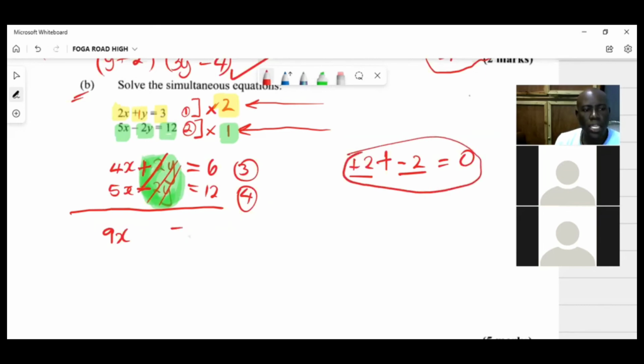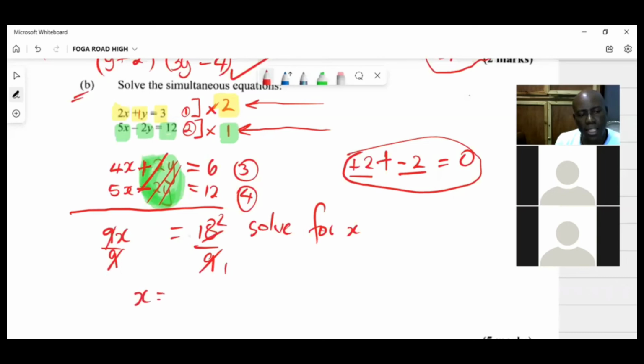Equal to 18. Now we're going to be solving for x. We need to divide by 9. 9 into itself is 1, 9 into 18 is 2, so x equals 2. We are at half of the journey because we have a value for x. x is equal to 2.